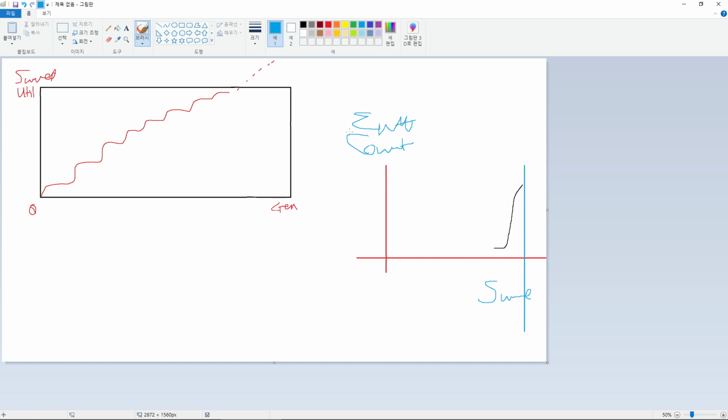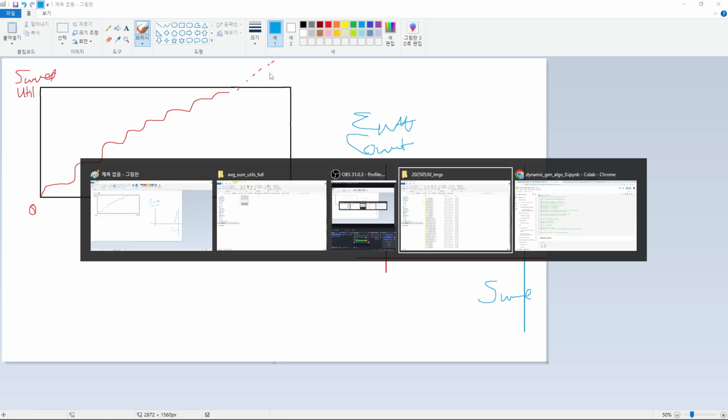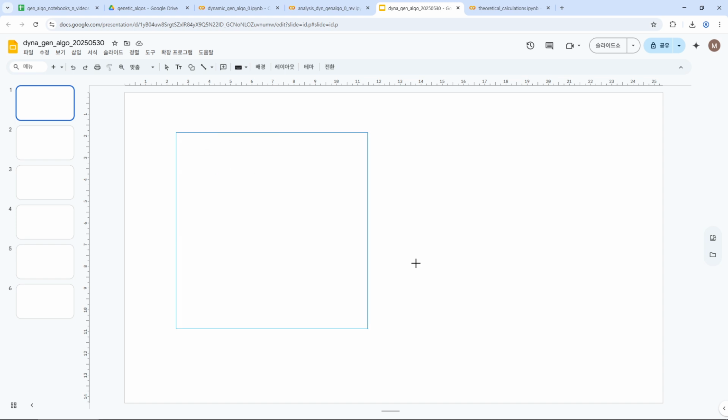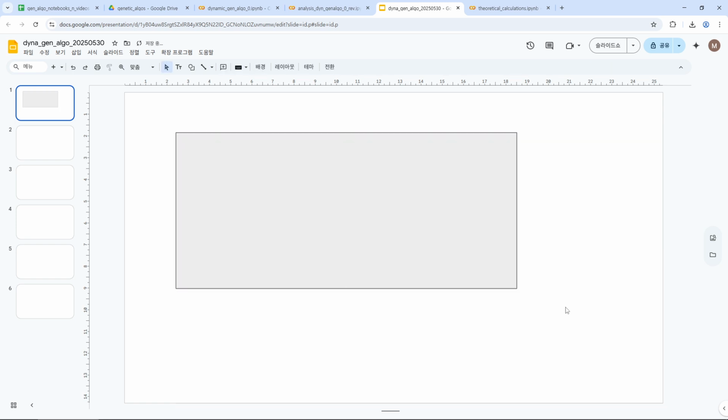If we feed in something like this, hold on, I think I have a better one. There, this is better. Let me just get something like this, and something like that. Hold on.